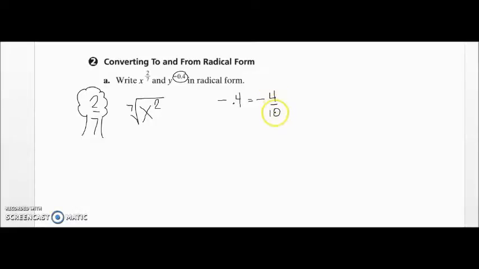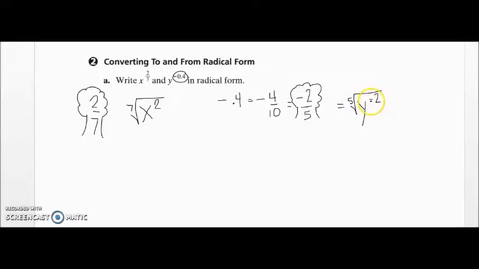And I can reduce this, divide both the numerator and the denominator by 2, and I get negative 2 over 5. All right, well, here is my root. Here's my power. So we can write this as y to the negative 2 and the 5th root.